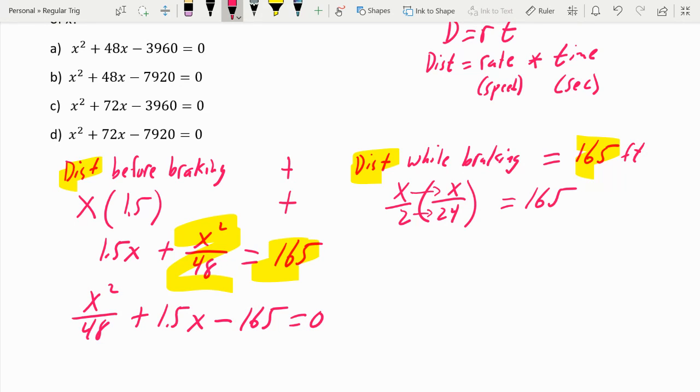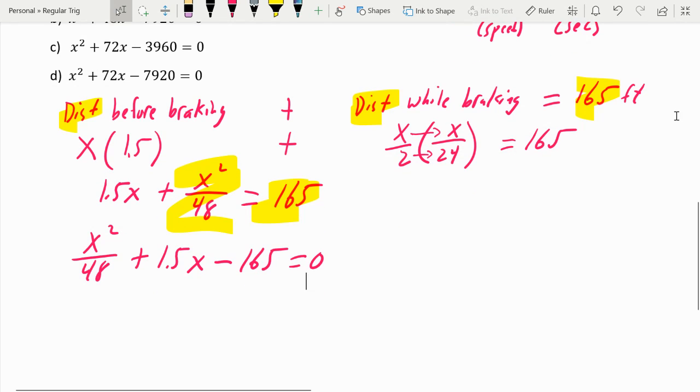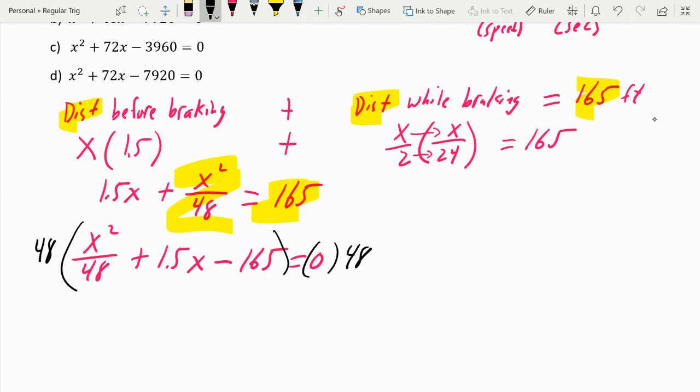Now, how do we get rid of fractions? That's the thing that most of you get stuck with. We get rid of fractions by multiplying by the common denominator. So I'm going to multiply everything by 48. What I do to one side, I have to do to the other.